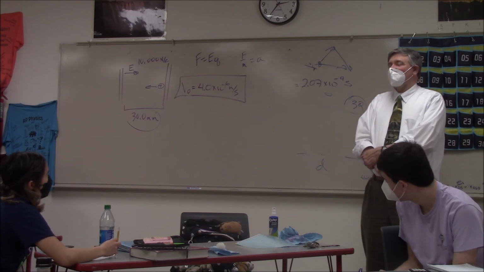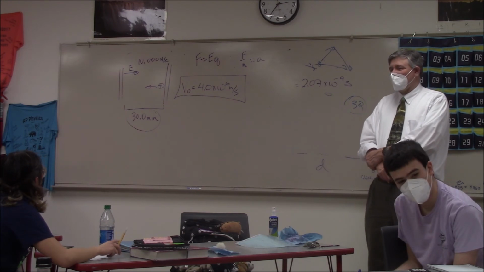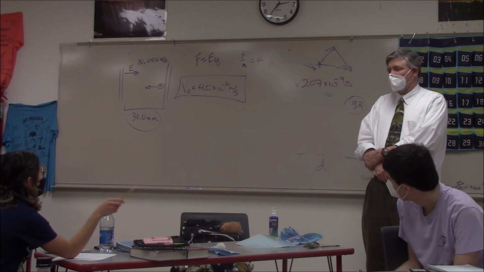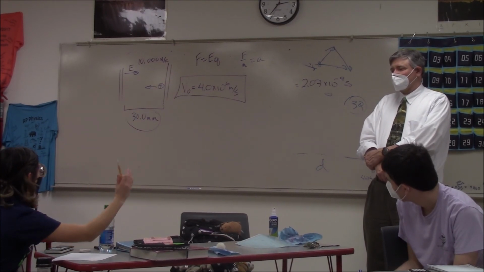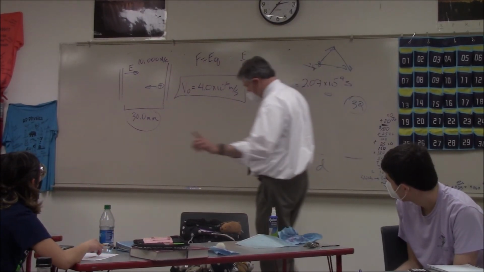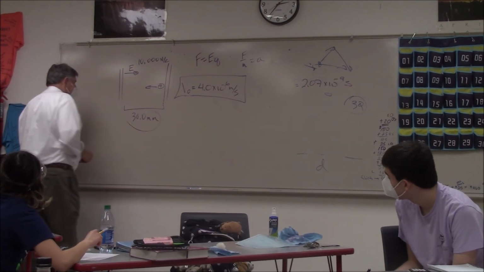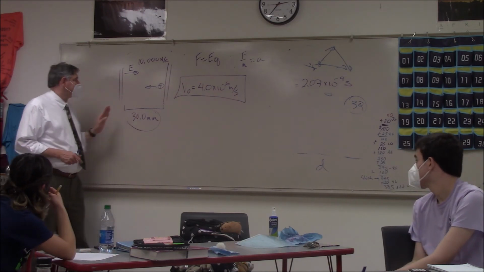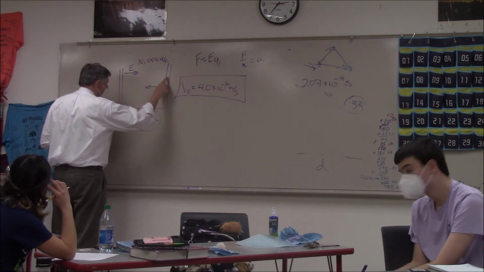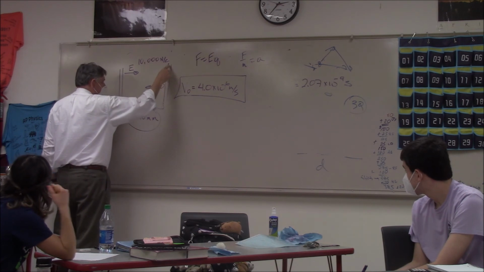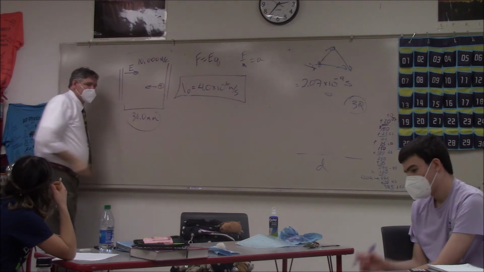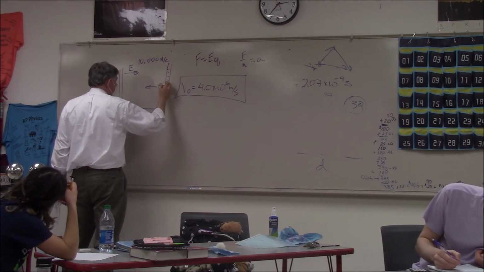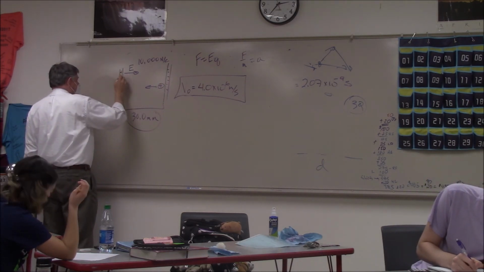Okay. Joelle, why is it going to slow down? Because if the electric field is going this way, then it's attracted to the negative charge, so the negative has to be on this side. Okay, hold on. Let's leave everything else out of this. If the electric field is going in this direction, is this plate over here positively or negatively charged? Negatively charged? And this side over here would be?